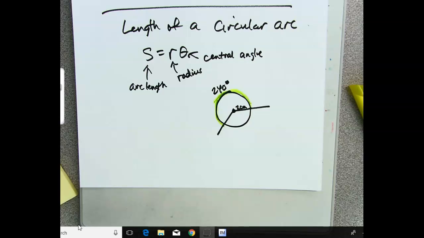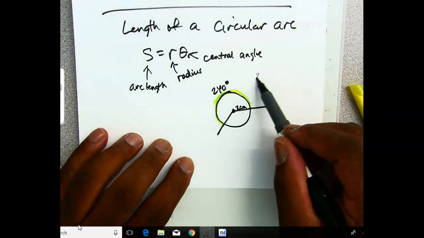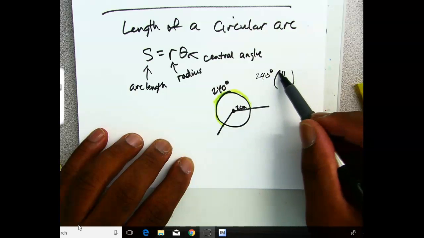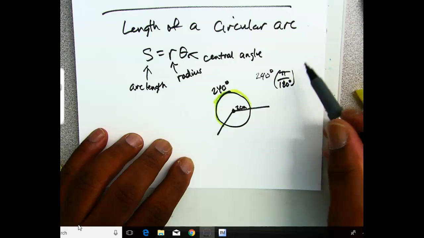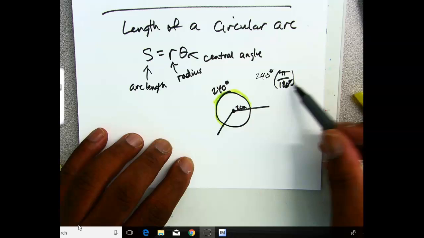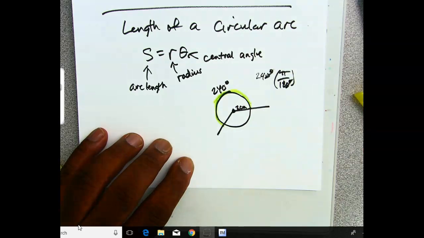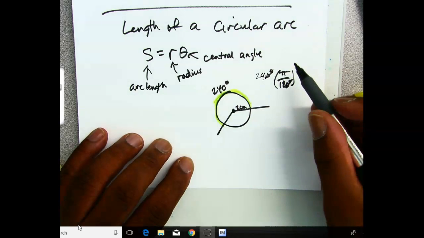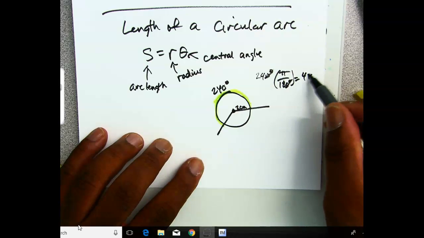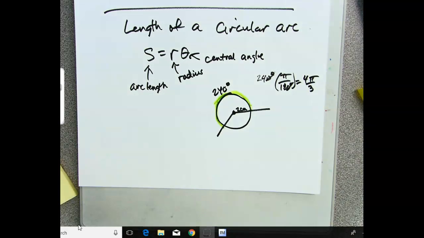How many radians is 240 degrees? So 240 degrees times pi over 180 degrees. Degrees cancel. So 24 over 18, what's the largest number that goes into both? 6. So 4 pi over 3.